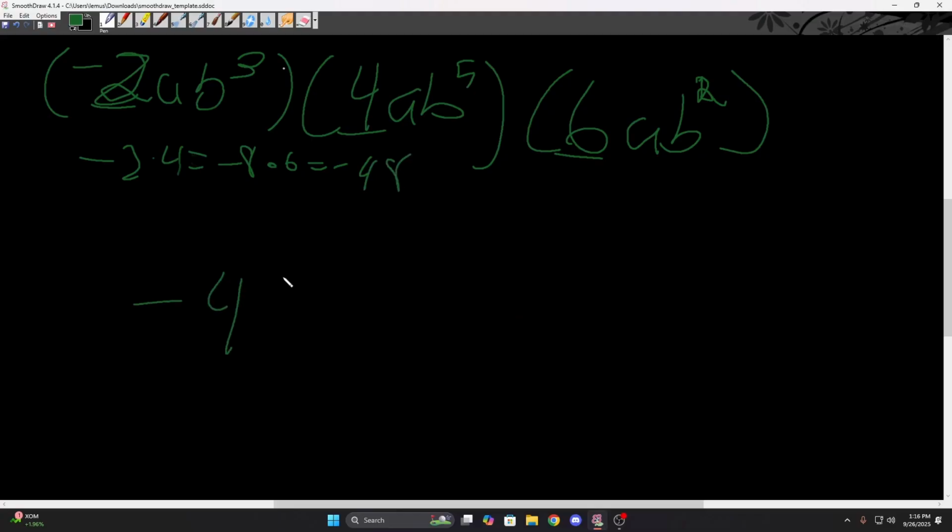Now you have the coefficients, so you can just forget about that. Now you have a times a times a. Here, okay, hold on, let me see this. Oh, here is a squared.